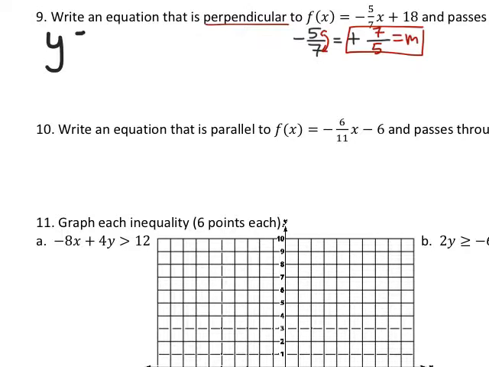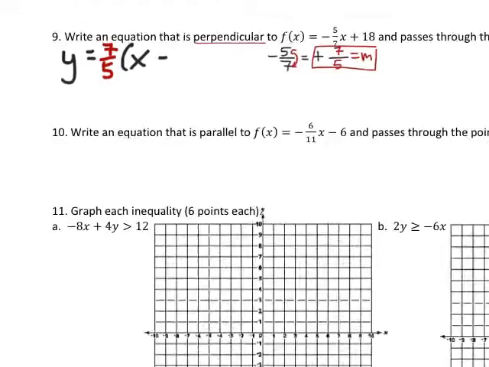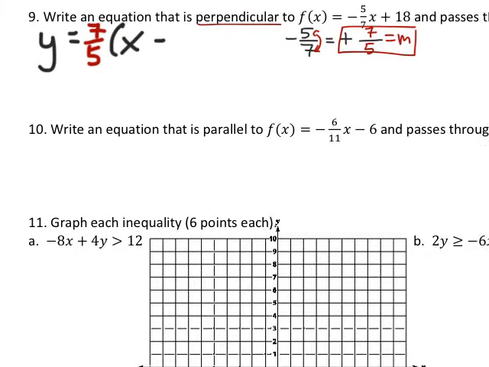So we got y equals the slope, which is 7/5, and we'll have x minus the x value of that point. Let's take a look. Negative 5, 1. So the x value is negative 5, and the y value is a positive 1.